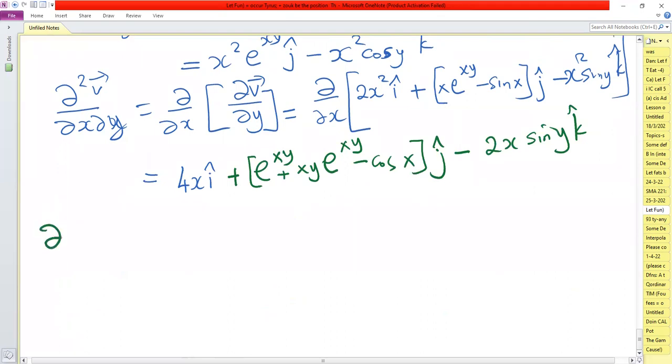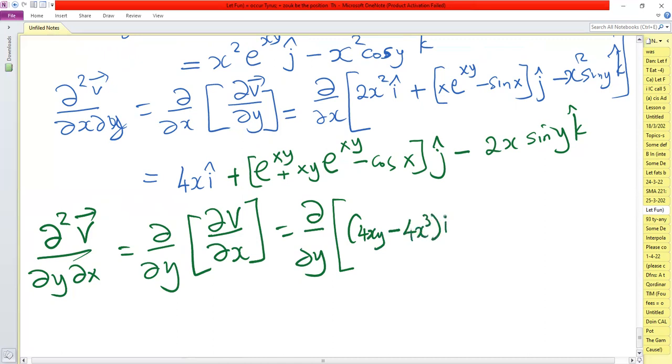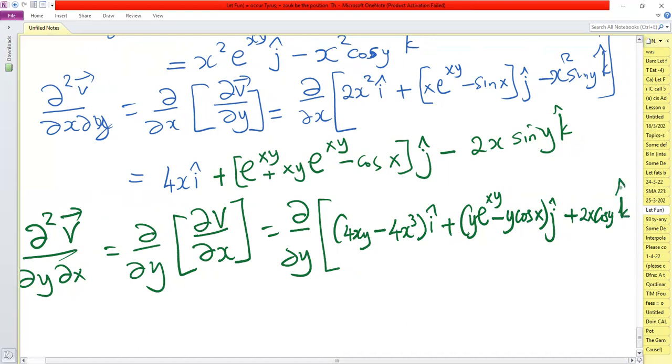The last mixed partial derivative is given by partial squared v partial y partial x, which is partial y of partial v partial x, and the answer we got for partial v partial x is (4xy minus 4x cubed) i plus (y e raised to power xy minus y cosine of x) j, and then plus 2x cos of y k. So the first part will be 4x, and the second term of the i component will be 0 because there's no y.